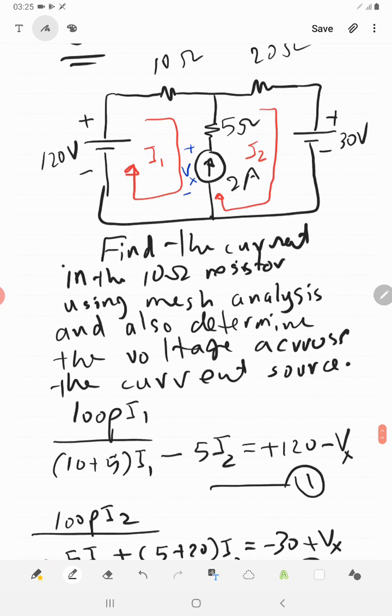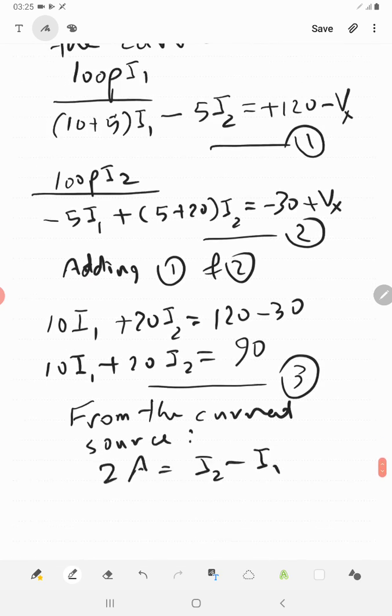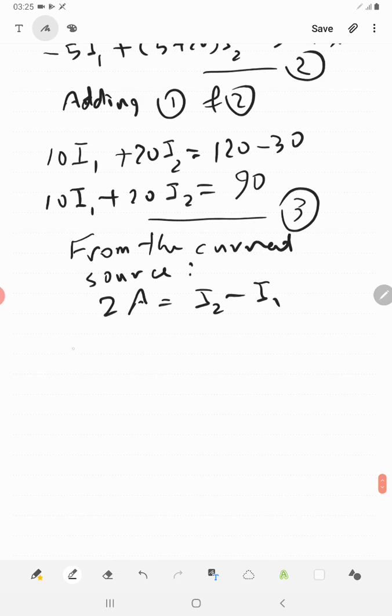I2 positive and I1 negative. So we have I2 minus I1 equal 2, and this is equation 4.